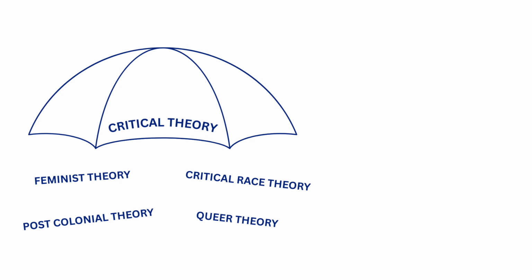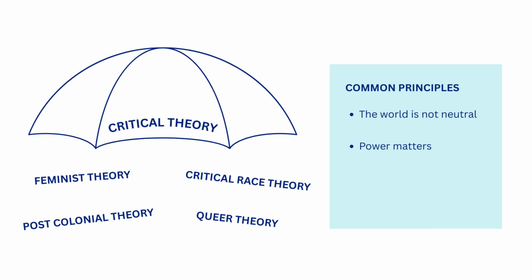And each of these focuses on a particular form of inequality, and it brings its own tools and perspectives to the table. But they're all grounded in the same belief. The world is not neutral, that power matters, and that research can and should challenge systems of oppression. So if you're already working with one of those more specific theories, you're already engaging with critical theory, with the critical tradition. You don't have to label it critical theory for it to count.